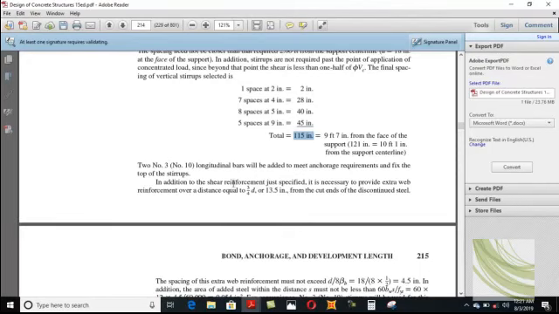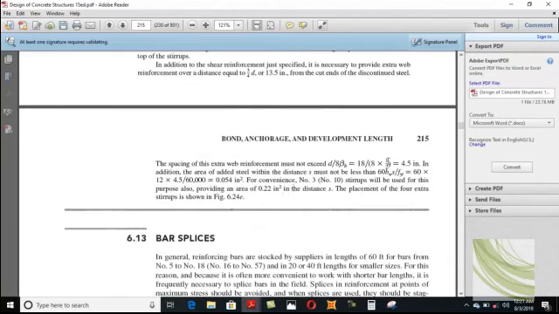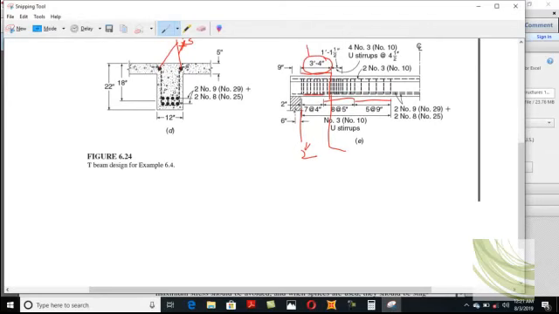In addition to the shear reinforcement just specified, it is necessary to provide extra web reinforcement over a distance equal to 3 by 4 of d, that is 13.5 inch from the cut ends of the discontinued steel. Clear? Basically, this means that whenever you are cutting bars, here they cut the bar.